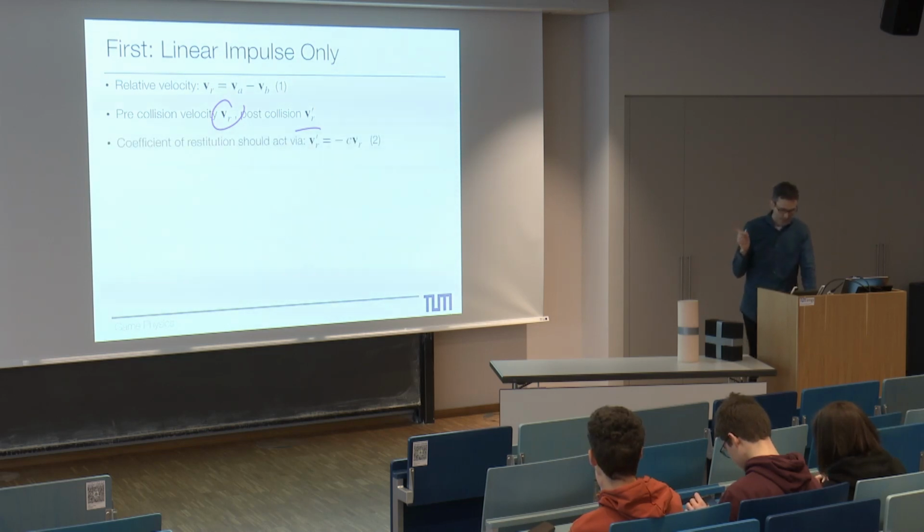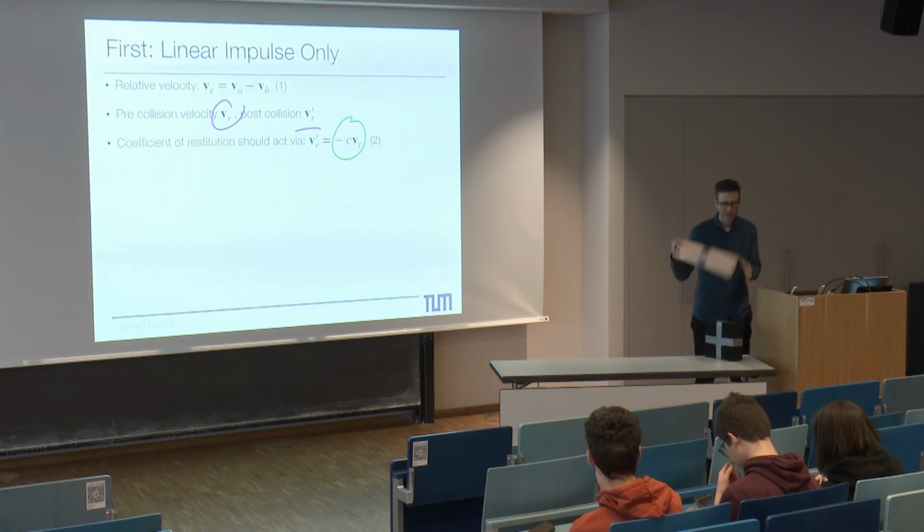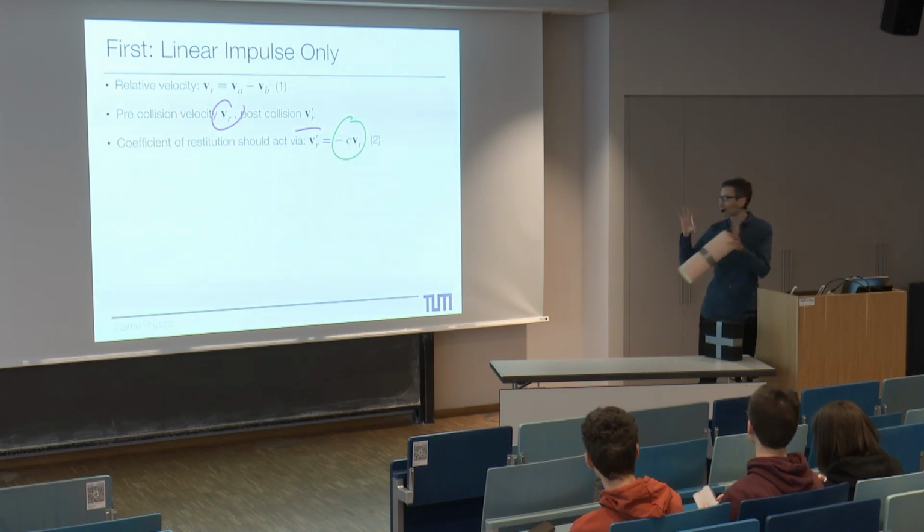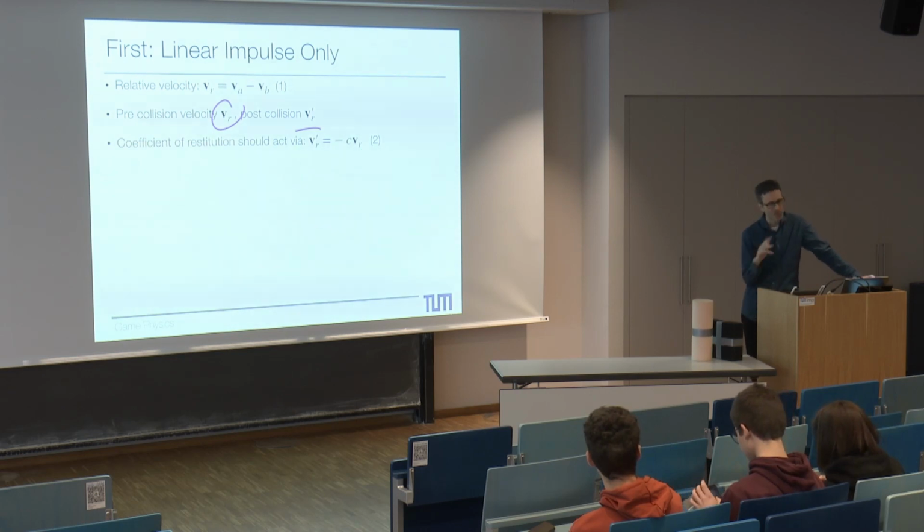And this is exactly now where the coefficient of restitution comes in. I hope you remember, that's our C here. That describes all these potentially very complex effects from deformation and how energy is even dissipated due to plasticity. So this actually captures a lot of things, but you can measure it or model it.